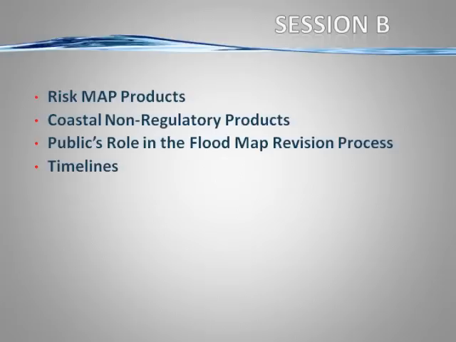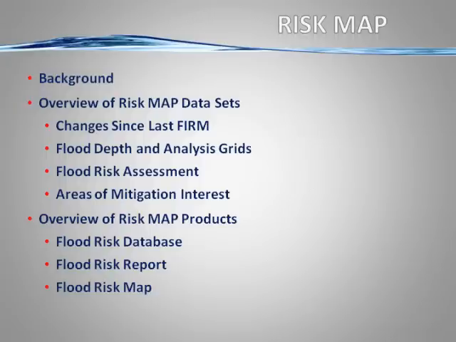So we're going to cover the background to risk map, an overview of the data sets associated with risk map, and the changes since the last firm. I was in a flood zone, now I'm not, or vice versa. It's actually going to show you areas where there's been special flood hazard area increases or decreases in a map, in a digital format. Flood depth and analysis grids. These are what I keep referring to, flood depth grids for, say, a 1% chance or 100-year event.